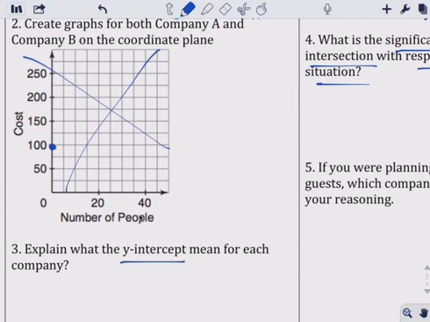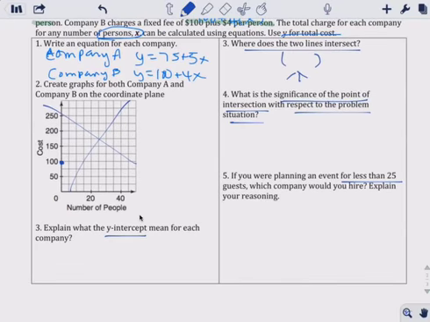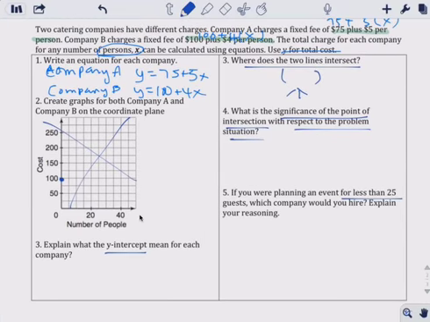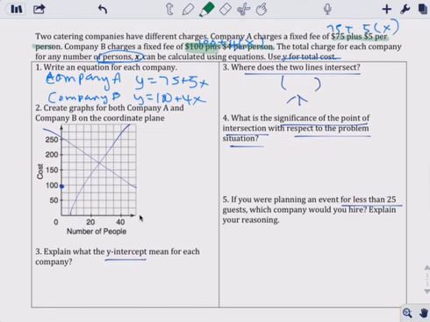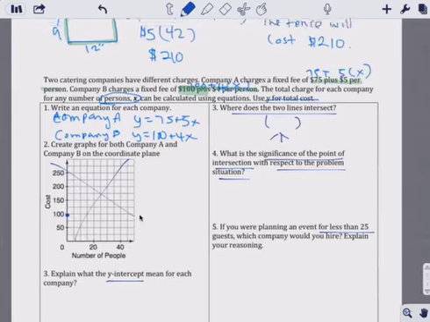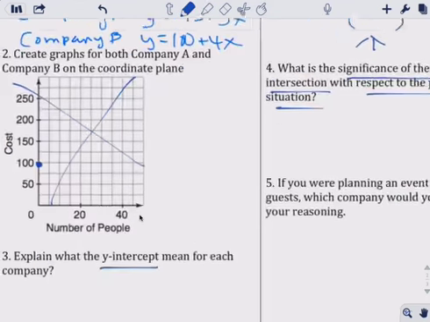The y-intercept here, for Company A, means that is their fixed fee or the setup fee. Okay, we'll write that down. Company A, the fixed fee is $75, that is your y-intercept.